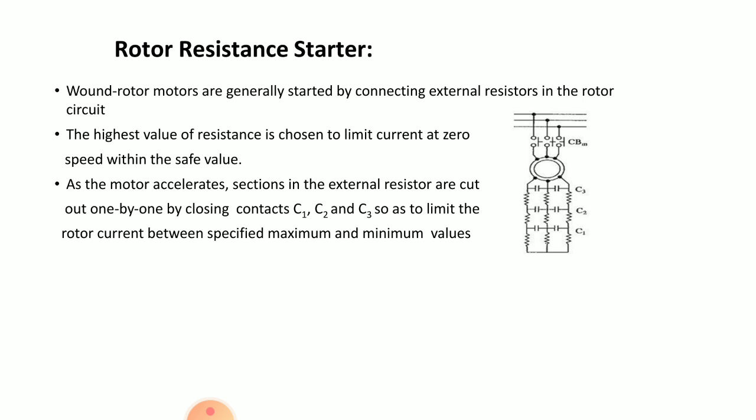When the motor accelerates, the sections of the external resistors are cut out one by one by closing the contacts C1, C2 and C3, so that it will limit the rotor current between the specified maximum and minimum values.